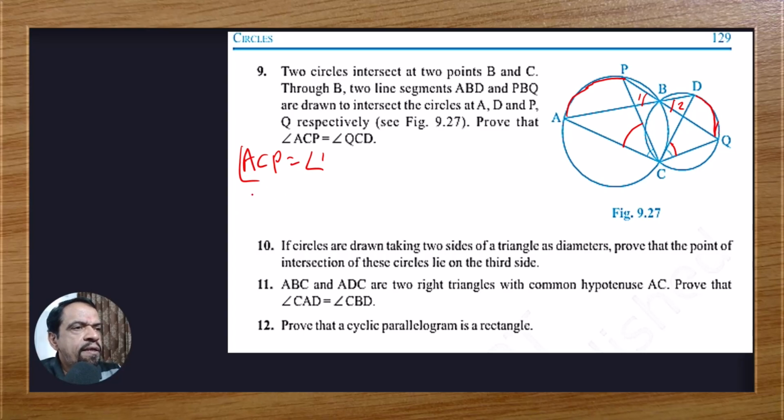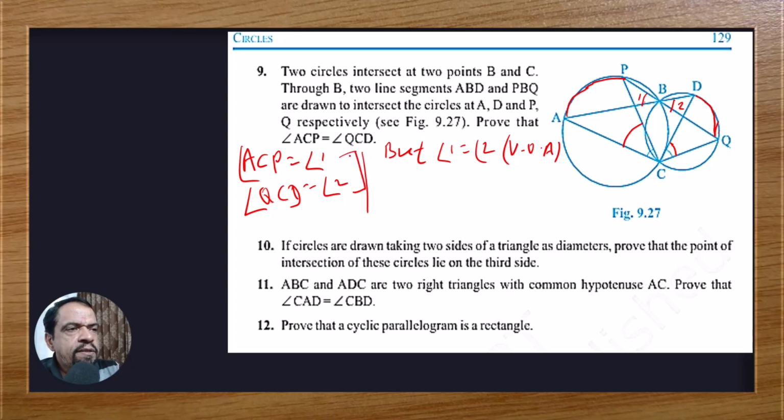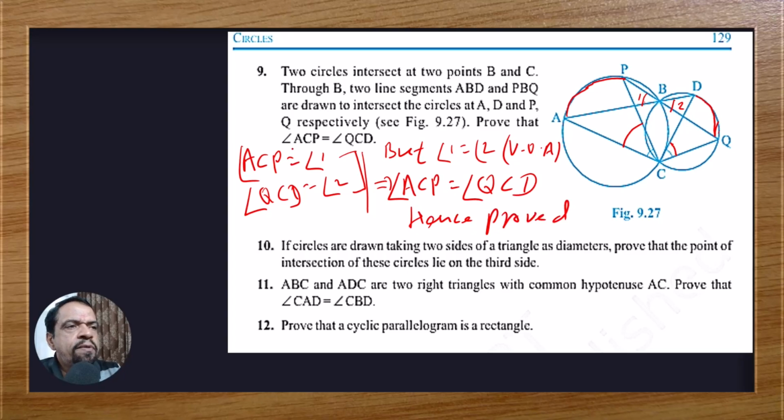So angle QCD equals angle 2. But angles 1 and 2 are equal because they are vertically opposite angles. So the RHS are equal, 1 equals 2, so the LHS will also be equal. Hence proved that ACP equals QCD. Very simple.